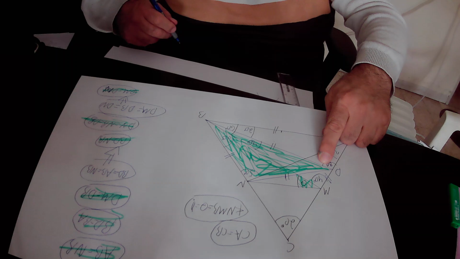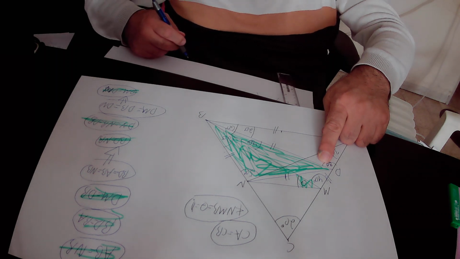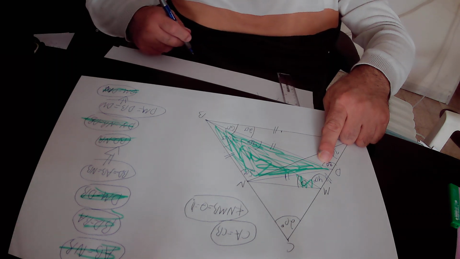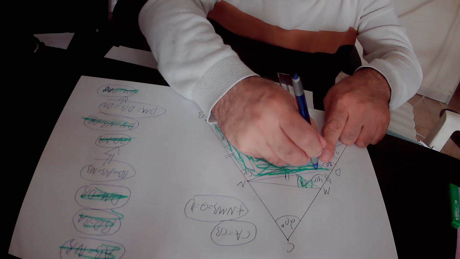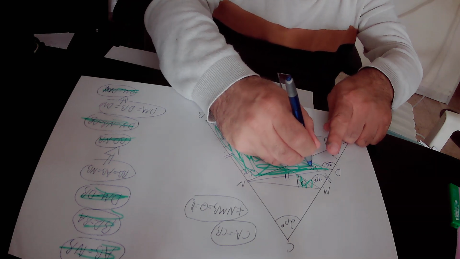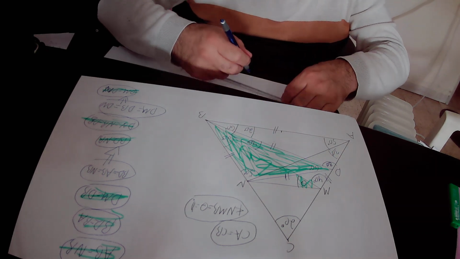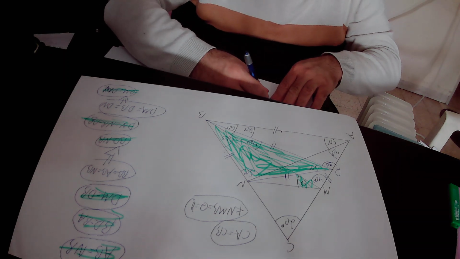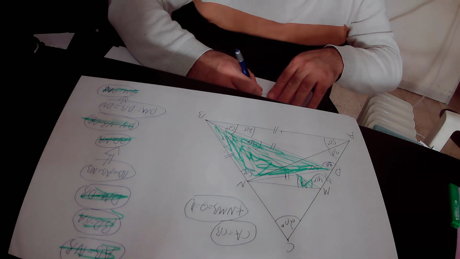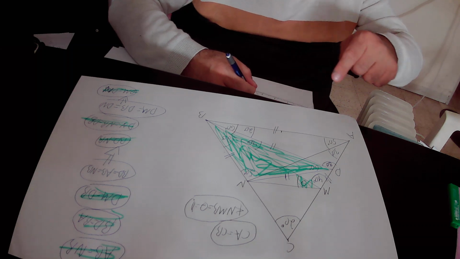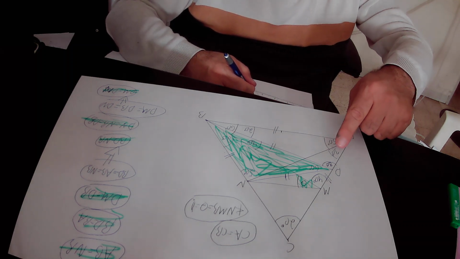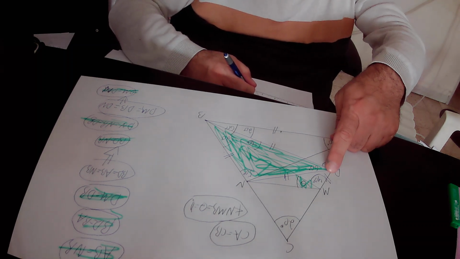This angle is one of the three angles of the equilateral triangle DNB, therefore it must be equal to 60 degrees, of course. And this is the missing angle.